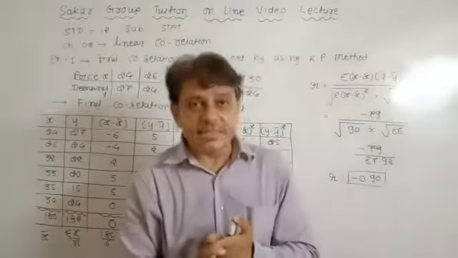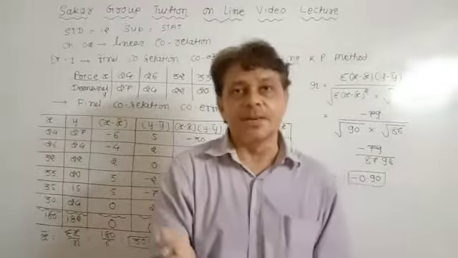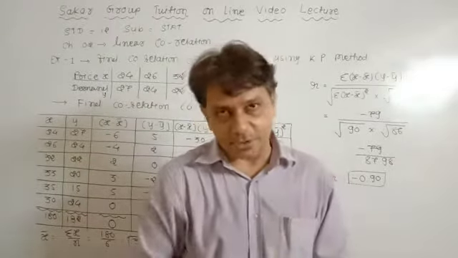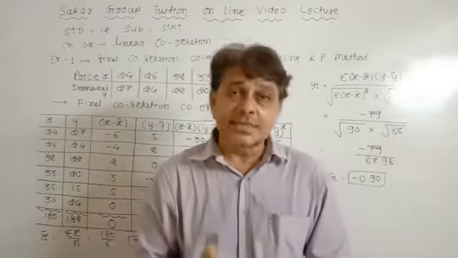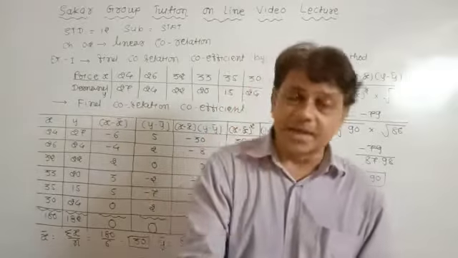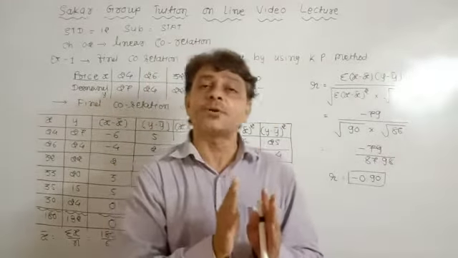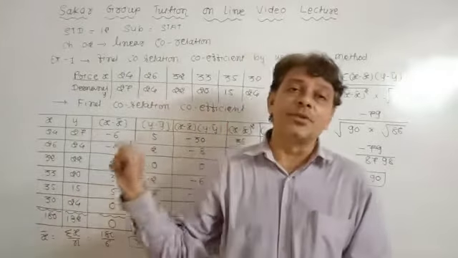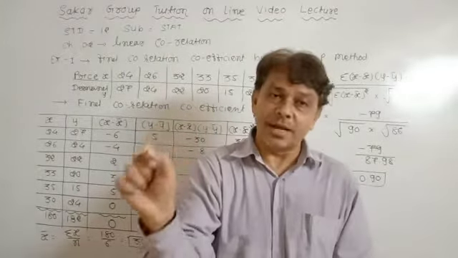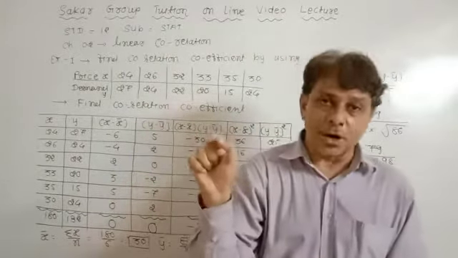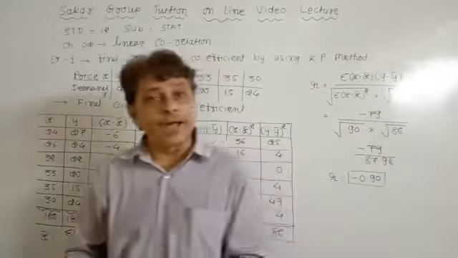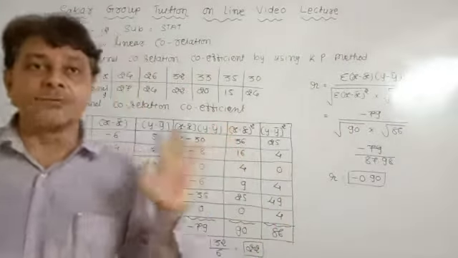If the mean comes out as a perfect number, then we use one kind of formula. If the mean comes out as a decimal number, then we use another type of formula. So our first responsibility is to see which kind of value the mean is, because the formula depends on the mean. So now first we find both means, X bar and Y bar.